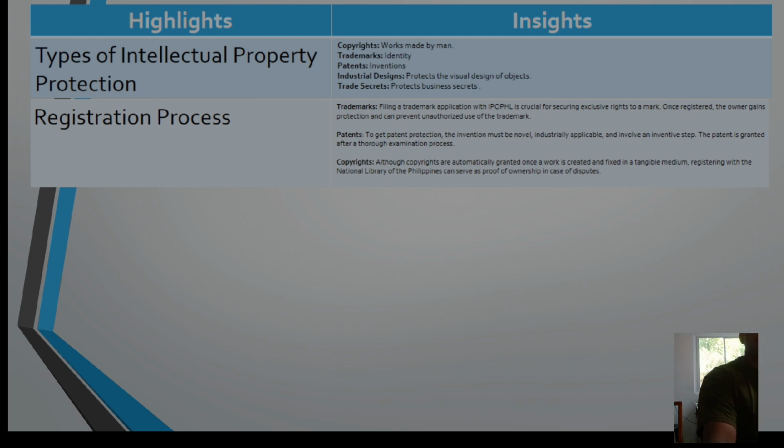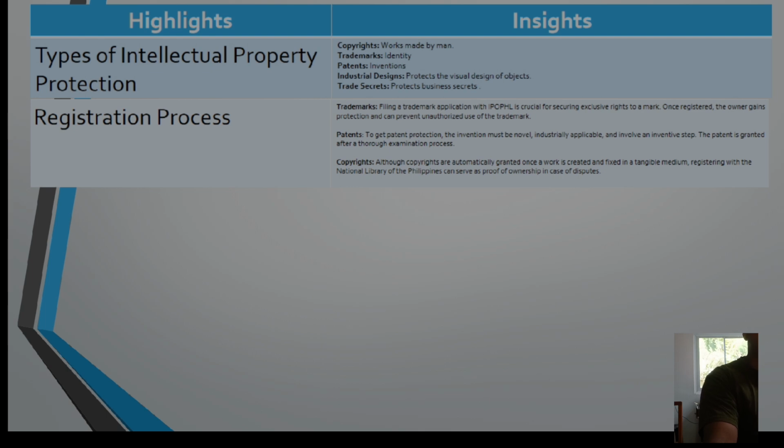When copyrights are created, they are also registered with the National Library of the Philippines to be given as proof for legal disputes. There is a certain storage or database where we can check the intellectual property of a certain organization or individual.